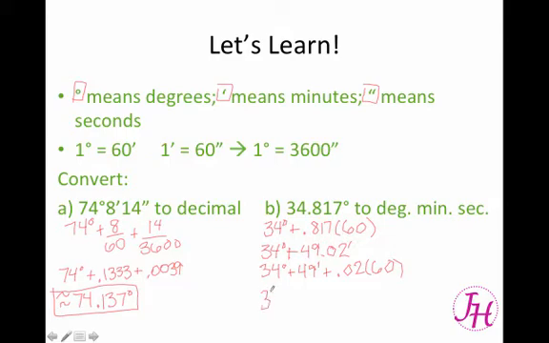So we have 34 degrees, 49 minutes, and when we compute the 0.02 times 60, we get 1.2, and that's seconds. So that's 34 degrees, 49 minutes, and 1.2 seconds.